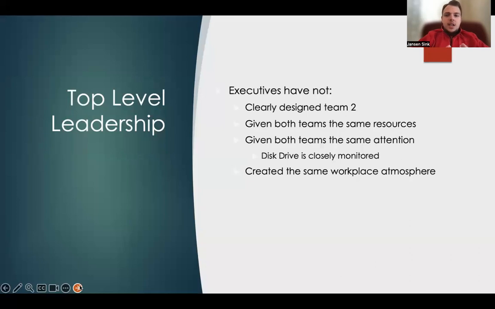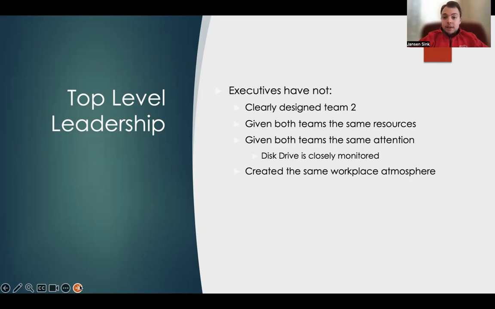It's like, we've got this team and this is my baby, and I'm going to make sure that everything with this team gets done correctly. And oh yeah, we need this team to do some stuff. But it's not very clearly identified, and this team is walking around without a purpose, without an end, and without even means. So they really don't know what they're doing, and that falls on the shoulders of the executive team.